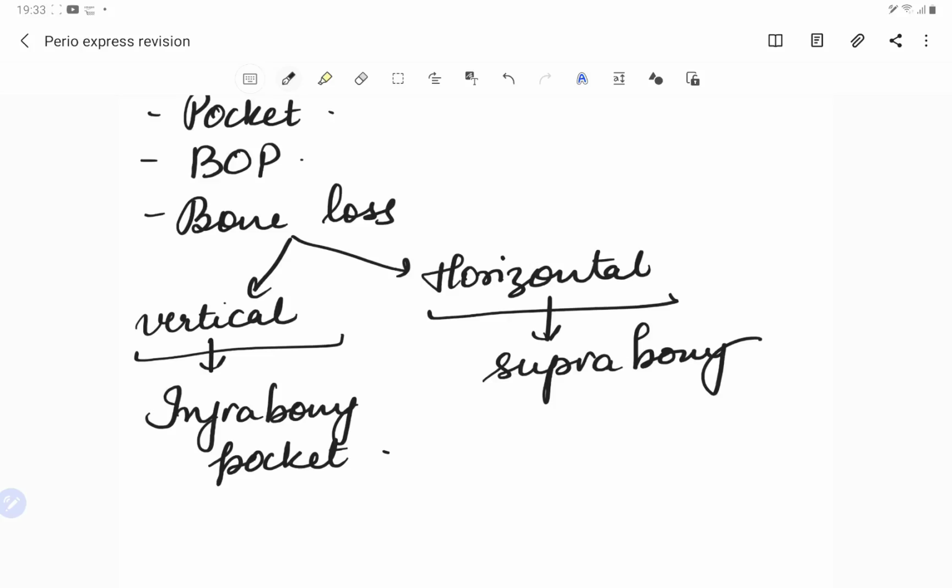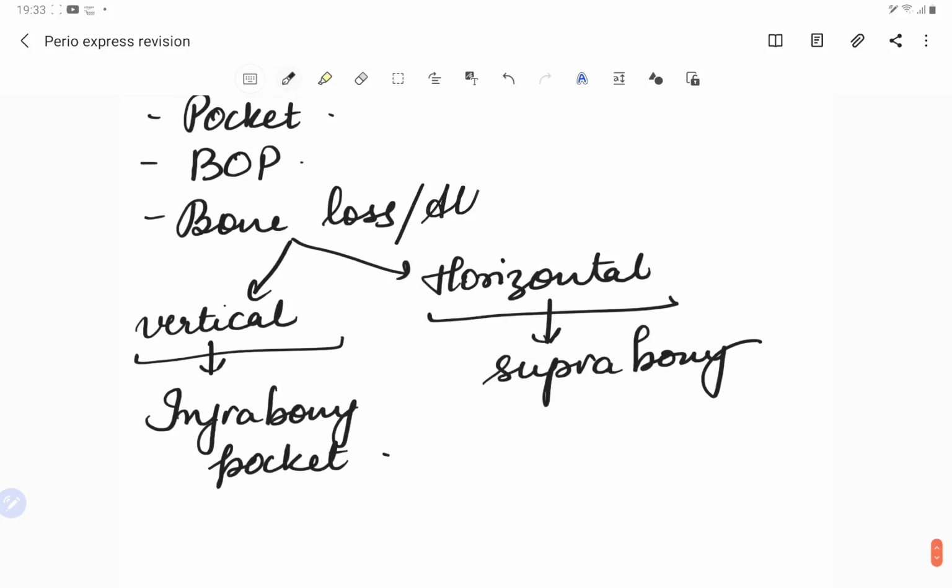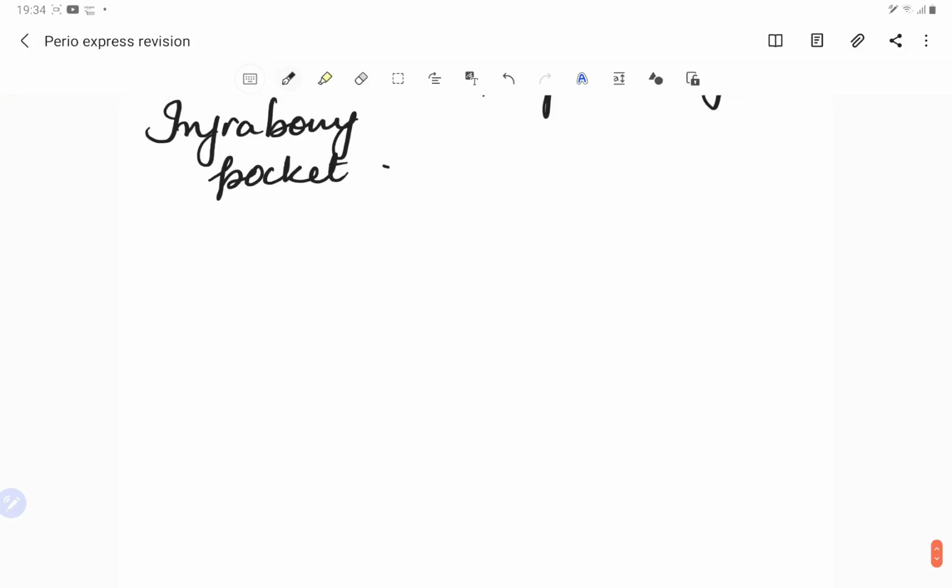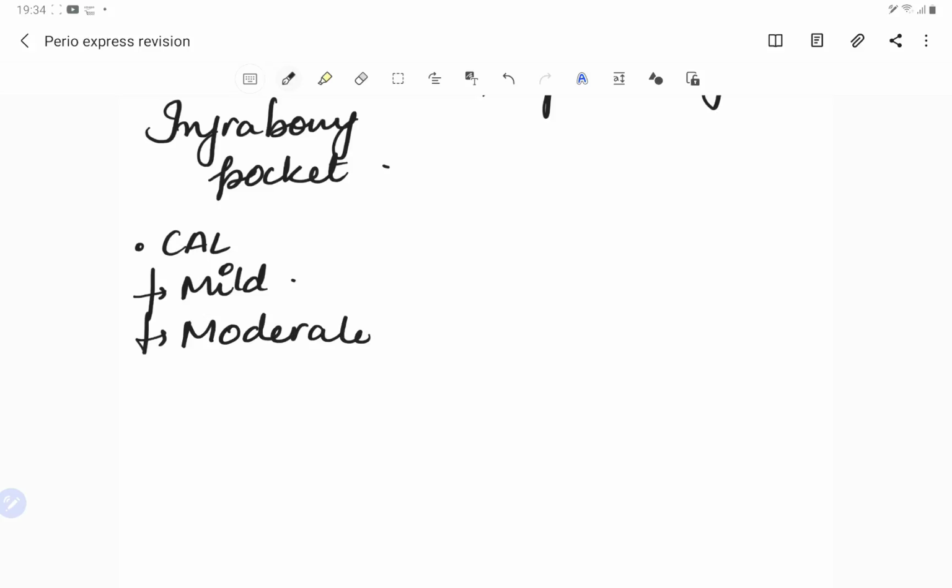So we see that there is attachment loss, or we can say bone loss, and based on the site as well as the clinical attachment loss, we can classify chronic periodontitis into mild, moderate and severe.